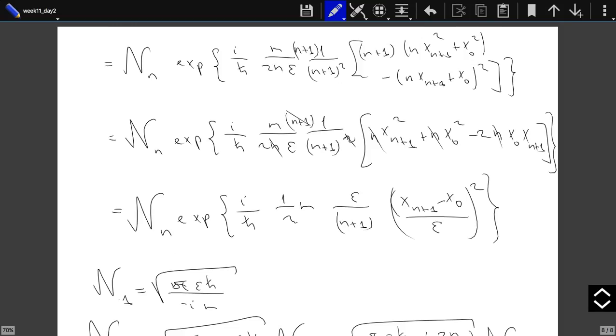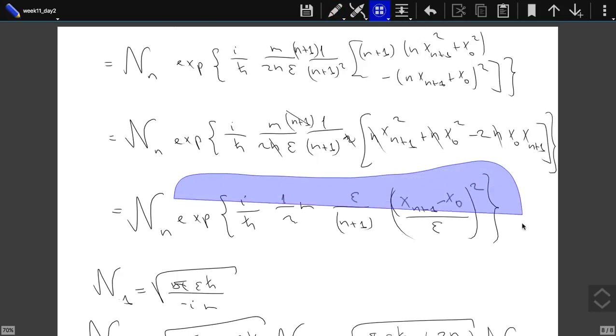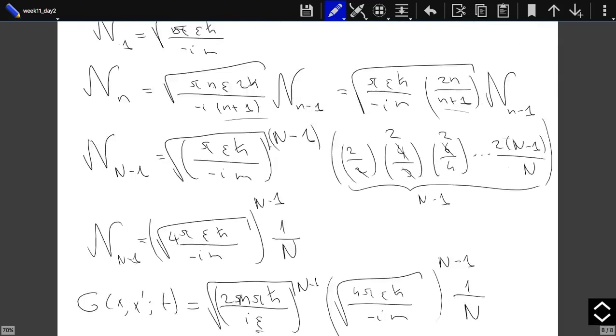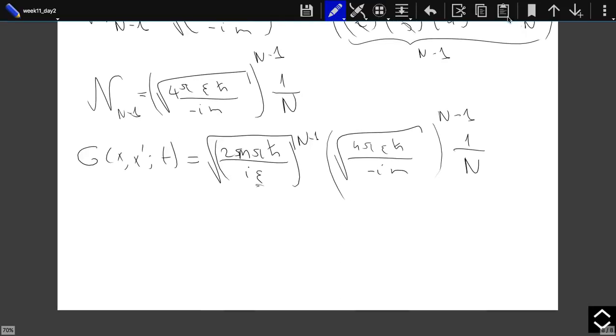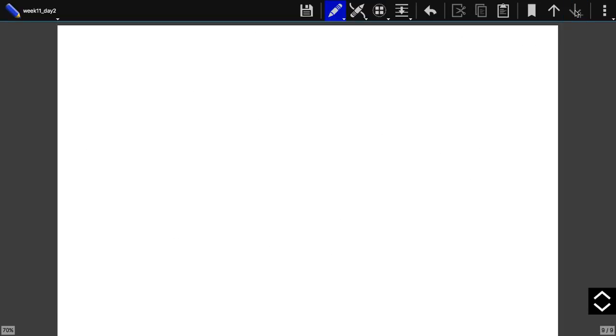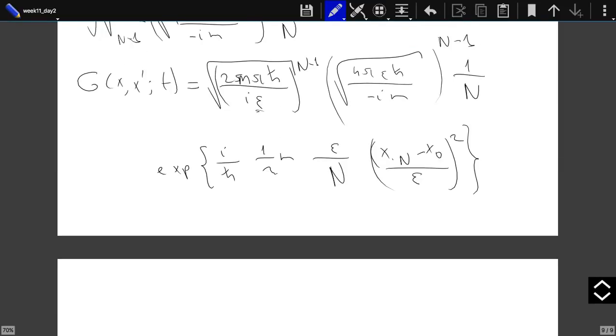You see, we have this exponent now. Now, of course, this small n is now n minus 1, so this n plus 1 is just capital N. So let's see which cancellations we have. This m cancels this one, this i cancels this one, these cancel each other.